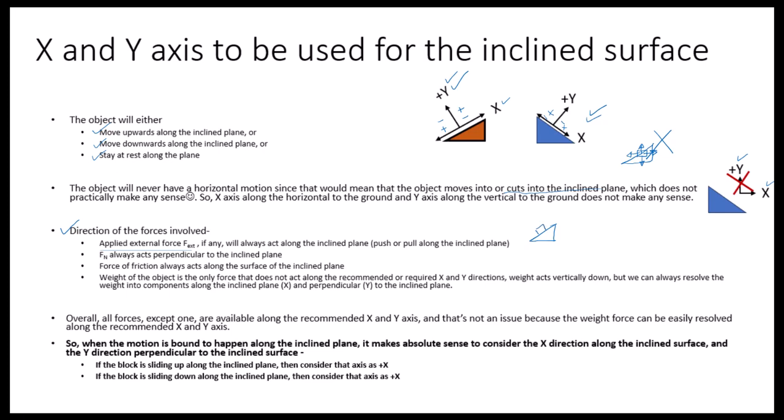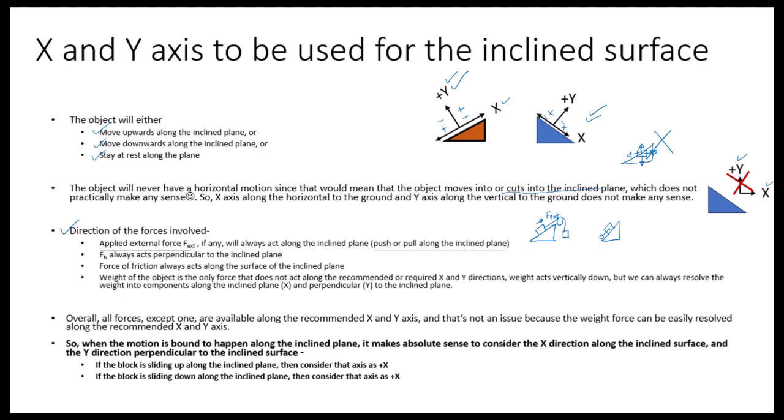One possibility is that you may be given a scenario wherein a string is tied and then there is another weight over here, in which case we are having an external force acting in such a way that it is going up the inclined plane. Or the external force may be applied in such a way that it is trying to pull the block down the inclined plane. So these are the only two ways in which the external forces can be applied. So push or pull along the inclined plane.